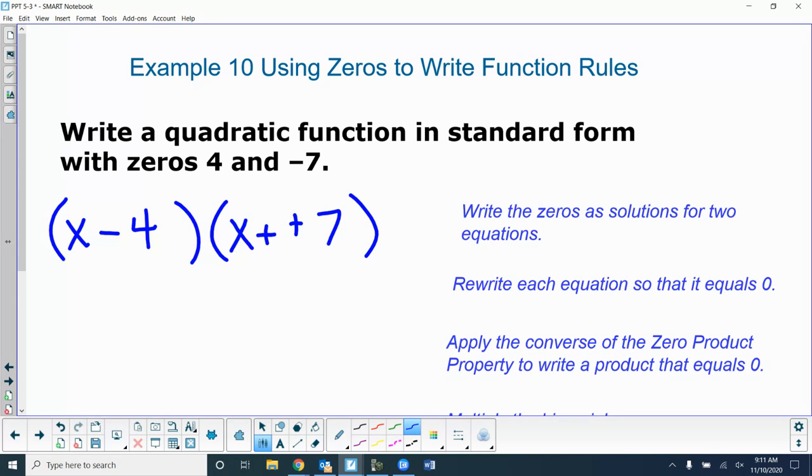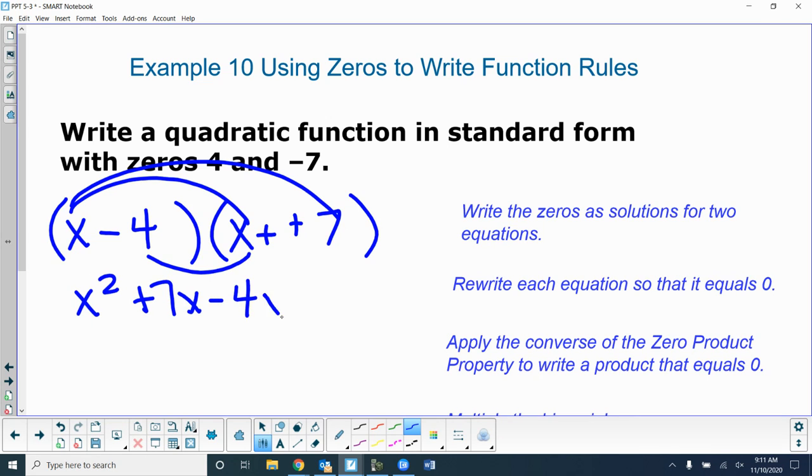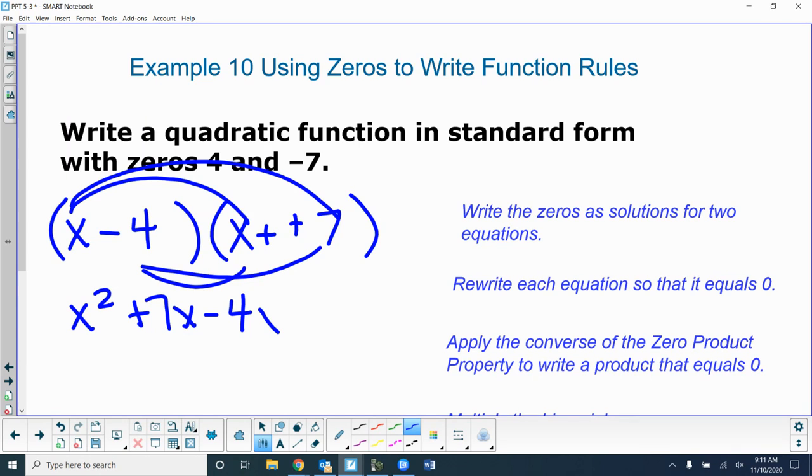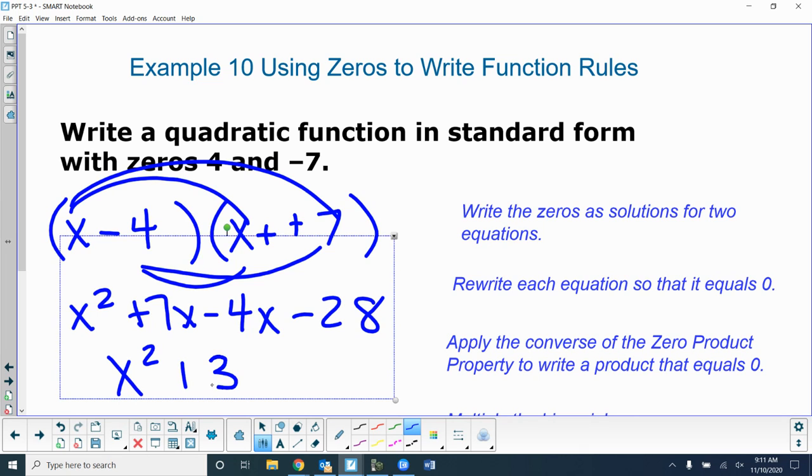Becomes addition. First, outside, inside, last, combine like terms. There's your polynomial that goes with that problem. That's working backwards.